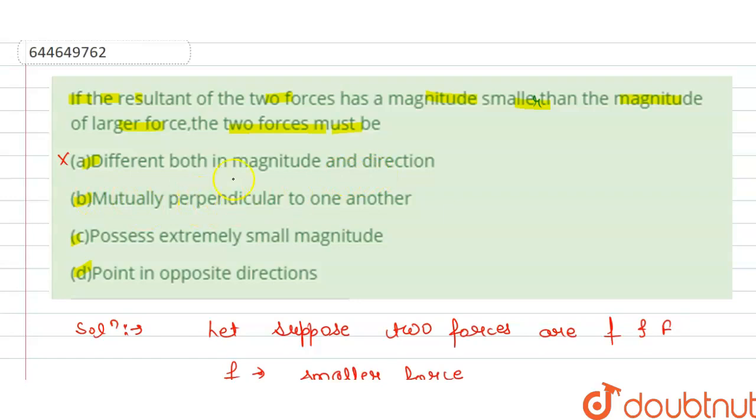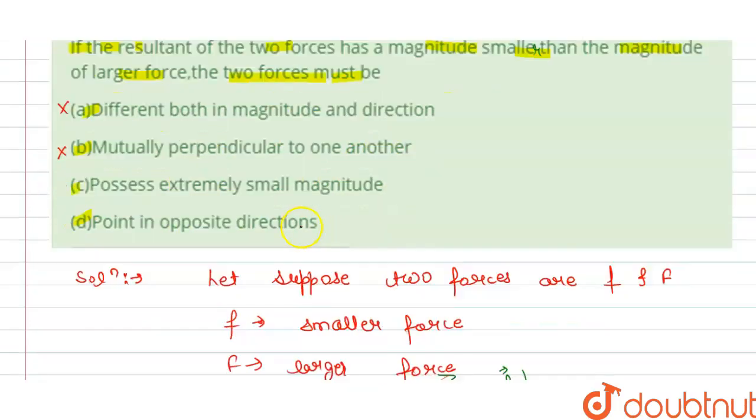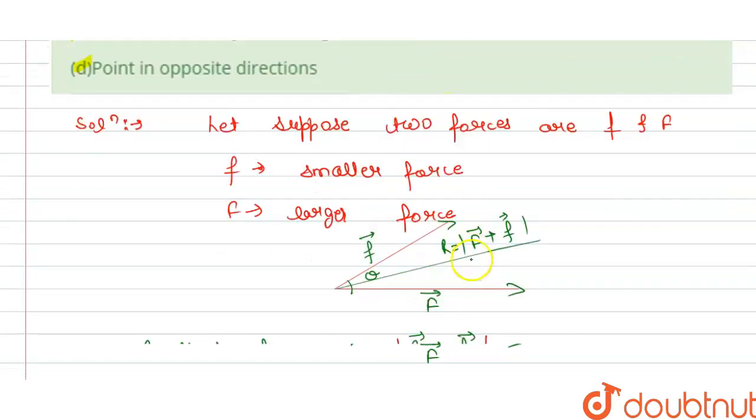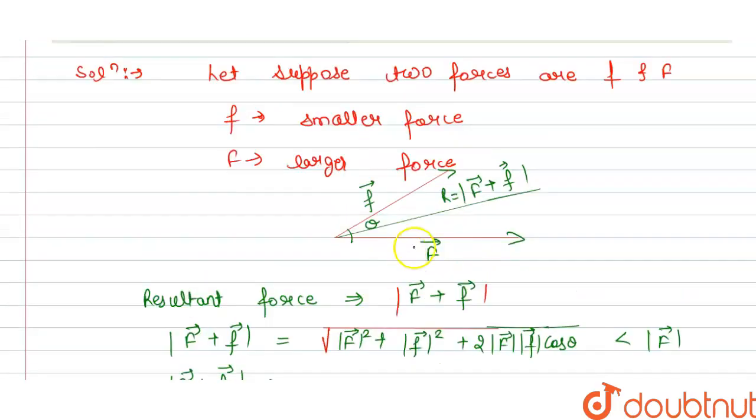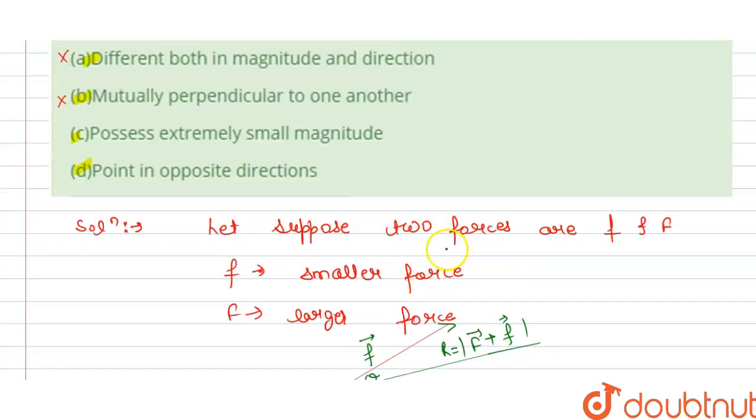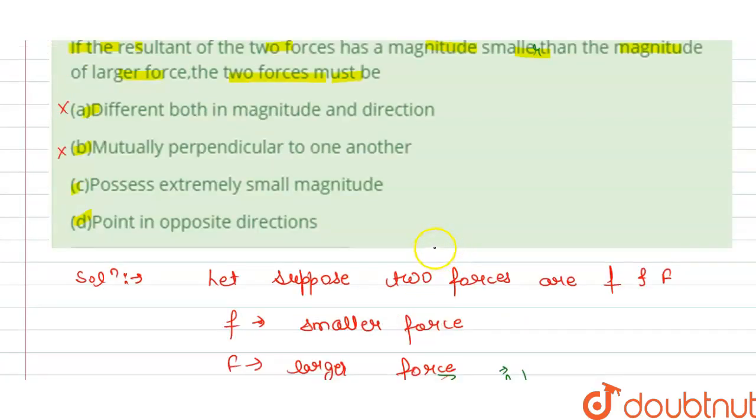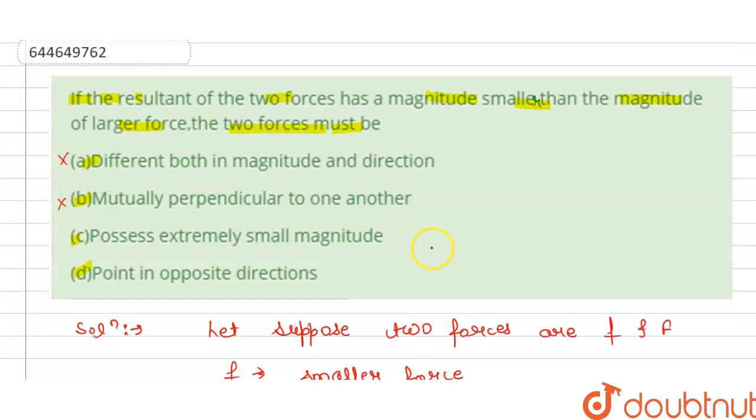If they are mutually perpendicular to each other, this is also incorrect, as here cos theta is 0 and this term will become 0. So the resultant force would be greater than the magnitude of the larger force. If it doesn't depend on the magnitude, option C is also incorrect.